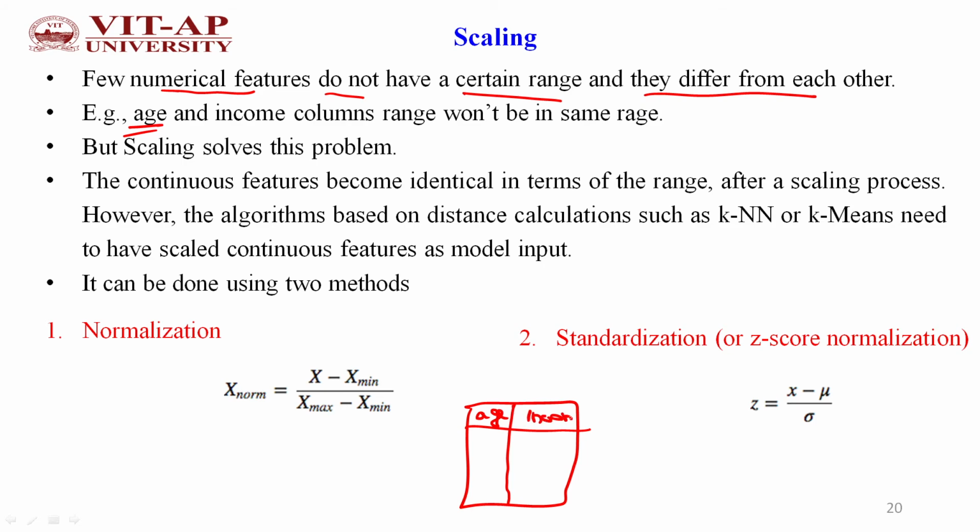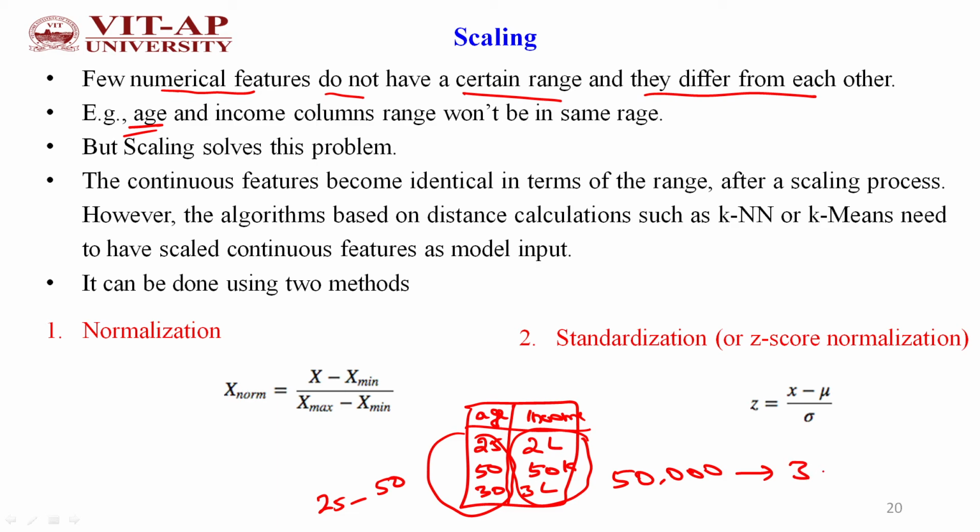Age may be 25, income may be 2 lakhs per month; age may be 50, income may be 50,000; age may be 30, income may be 3 lakhs. So the range of age and the range of salary are entirely different. Age is between 25 and 50, but the salary is from 50,000 to 3 lakhs.